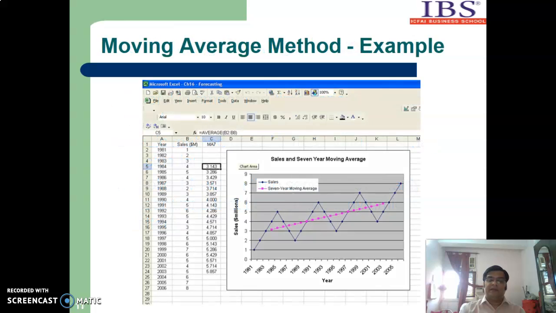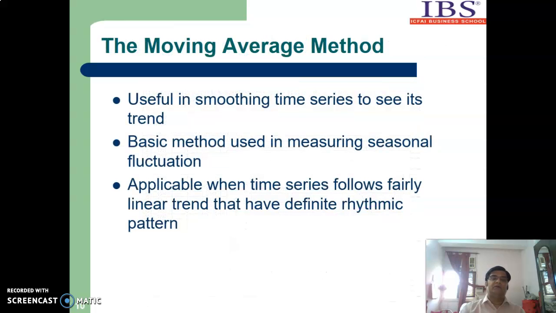Next we'll study the moving average method. In the seasonal variation, we try to track the seasonal variation using the moving average method. Now, what is a moving average method? First of all, it's useful in smoothing a time series to see its trend. It will try to smoothen the data.